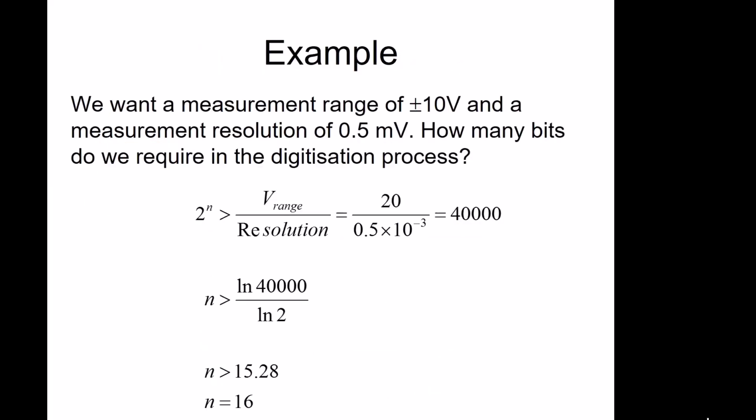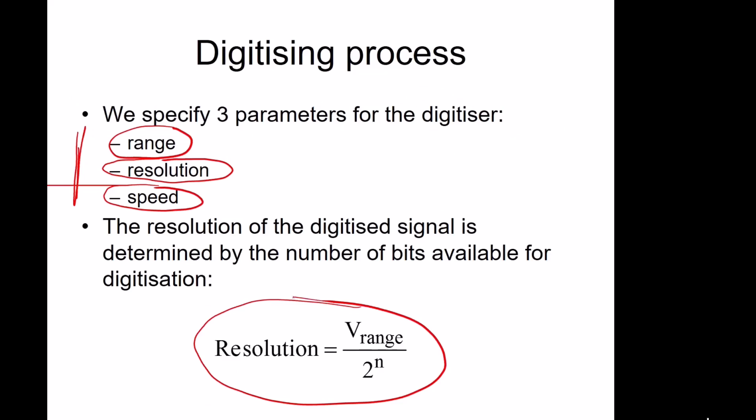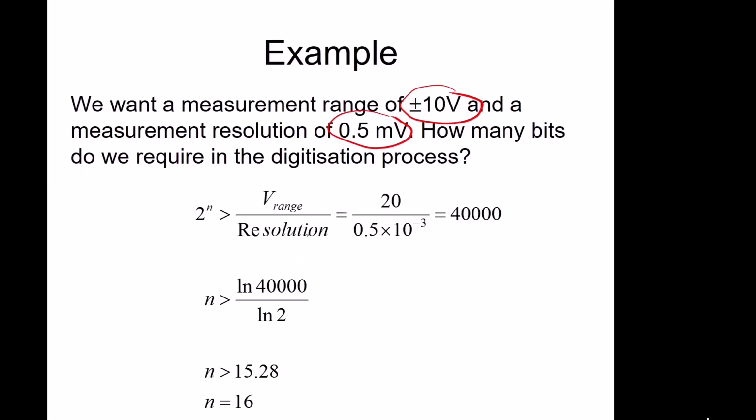So for example, if we had a range that we wanted to measure between plus and minus 10 volts, so that is a range of 20 volts we want to measure over, and we want to measure to a resolution of 0.5 millivolt, then if we apply this equation here, rearranged, then 2 to the n has to exceed V range over resolution.